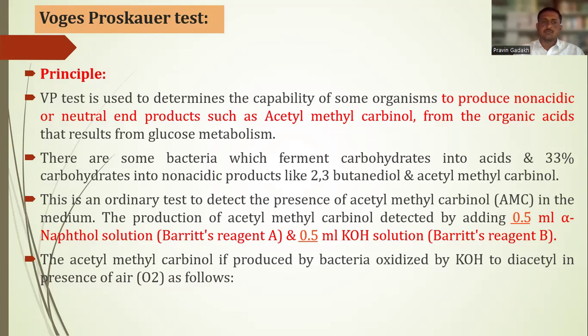And for the VP test, we use another indicator, Barritt's reagent. If non-acidic end products are synthesized by the organism in that media, we can determine this by adding Barritt's reagent to the broth inoculated with the particular organism.